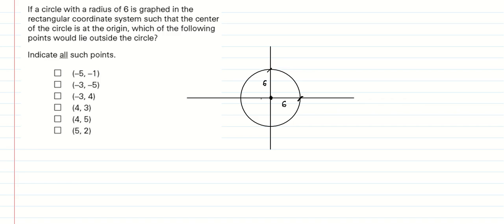Now, what is given in the question? Which of the following points would lie outside of the circle? Which means if I take the circle, the length of all the sides, right? The points whatever we have should be more than the radius of the circle.